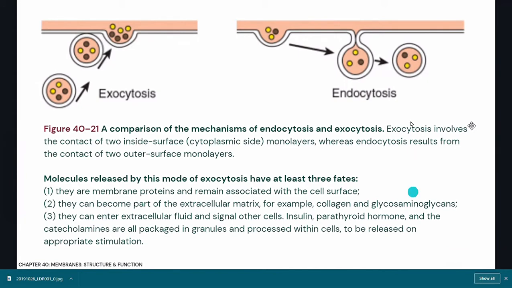And of course, the opposite, the materials from the outside getting inside will be utilized. This could be glucose, amino acids, short peptides.